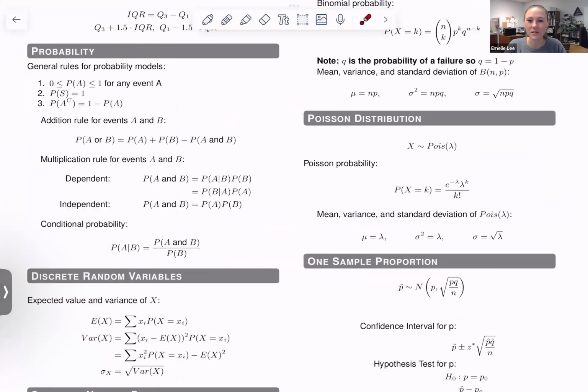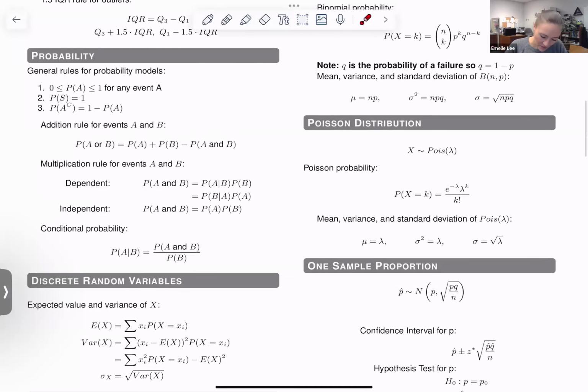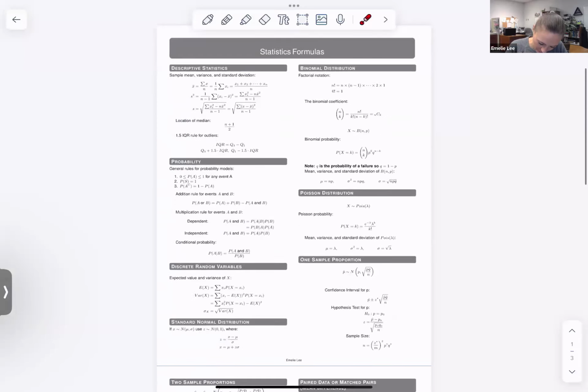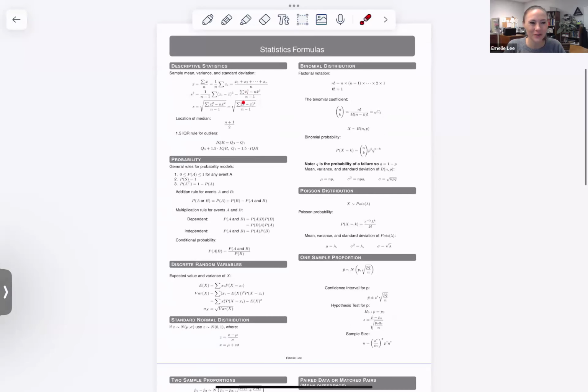I want to take us to the formula sheet because that's where I want to pick up next day. So now, let's zoom out on the formula sheet here. We moved through descriptive statistics, probability. I'll remember that. We won't have to deal with that anymore until the final. I skipped discrete random variables, so you can cut that.